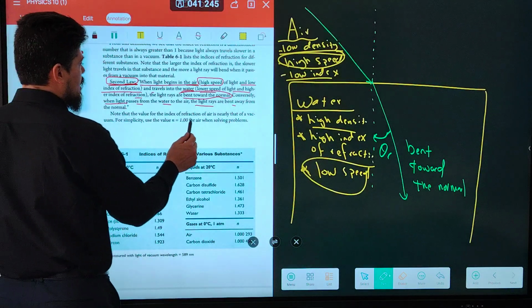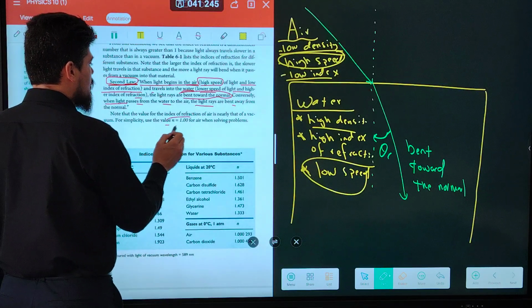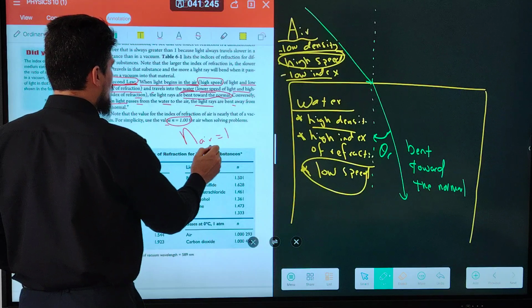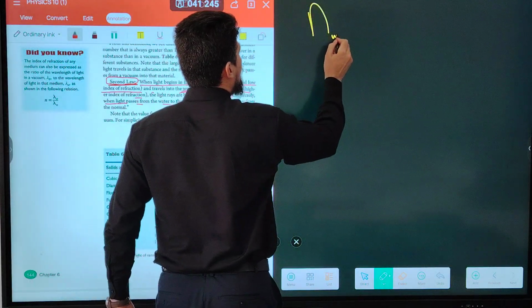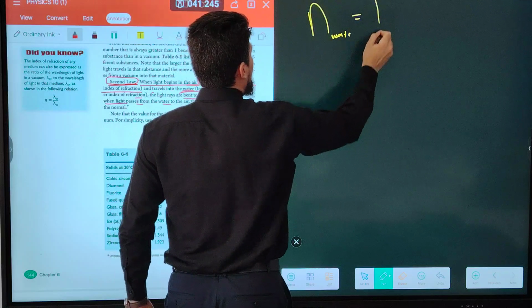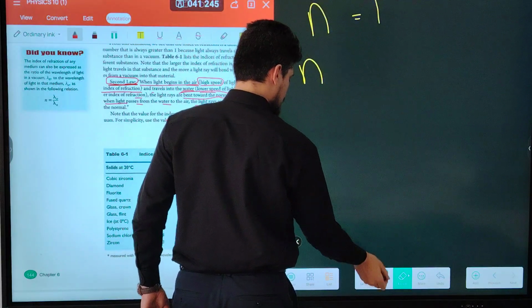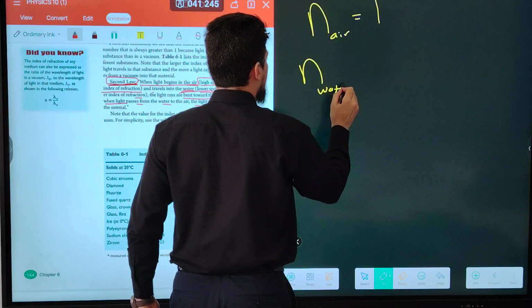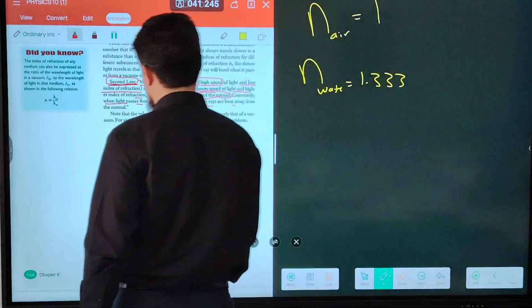Note that the index of refraction of air is nearly 1. Use n equal to 1 for air. But n for water is equal to 1.333, and it is unitless.